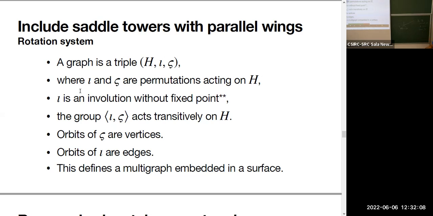But even after I extend the definition, there are some orbits that are half edges themselves. So this definition, without drawing a picture, abstractly defines a multigraph, and this multigraph is already embedded in a surface. So this is all from discrete geometry. So for example, now I can include parallel edges.